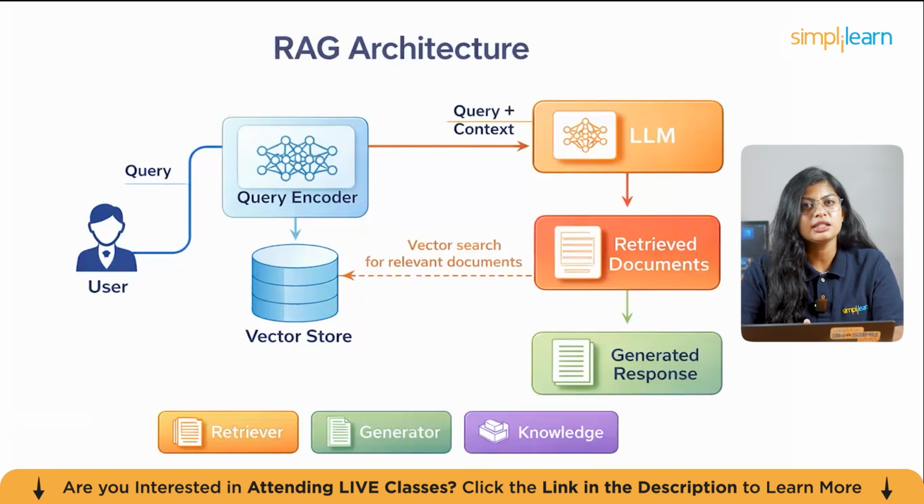So if I explain this architecture in one simple idea, RAG works like a person who first looks up the right information and then explains it clearly in their own words. That is why this architecture is so important. It combines searching, understanding, and language generation into one intelligent system. This architecture shows how RAG makes AI systems more trustworthy by separating finding information from explaining information.